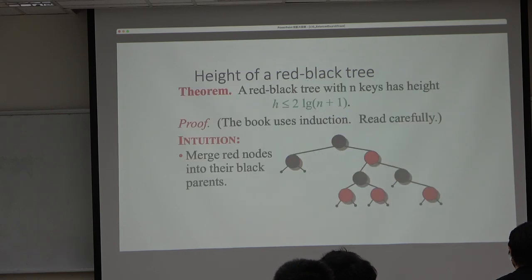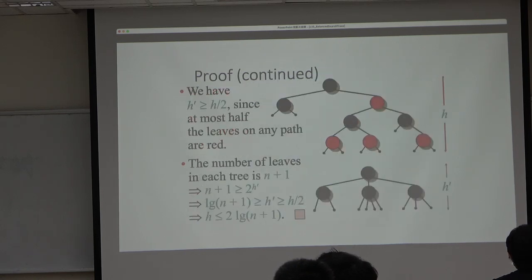So the number of leaf nodes in each tree is n plus 1.